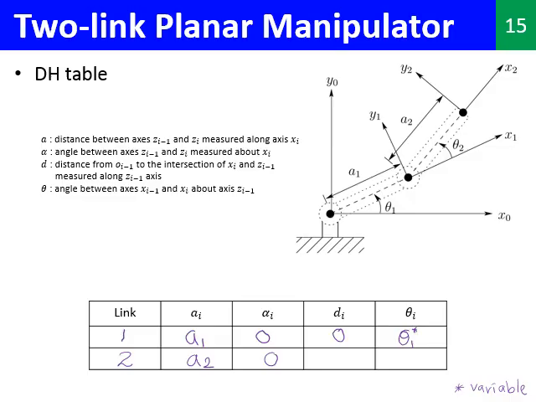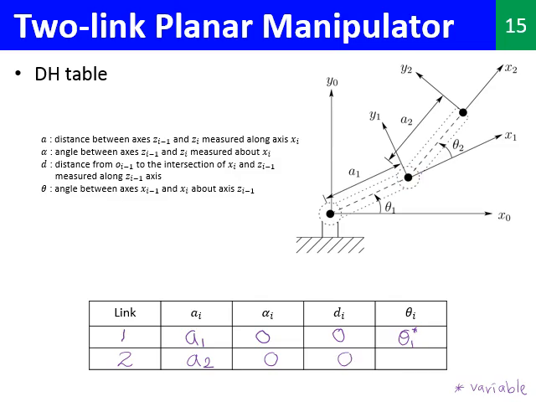D is the distance from O1. Here we have O1, and we need to find the intersection of X2 and Z1. So this is X2 and its intersection with Z1. It is again the same point. Therefore the distance is going to be 0.